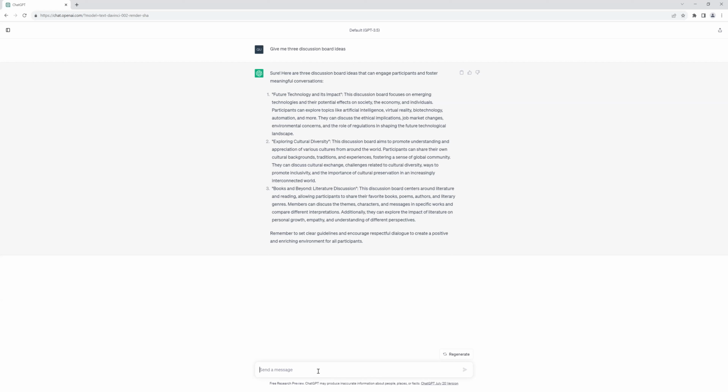So we're going to give it an act as prompt. It's really a role that we're telling it to use. Rather than it being ChatGPT, we're going to tell it to act as an adjunct at a public university in Louisiana. And then we're going to tell it what we want.